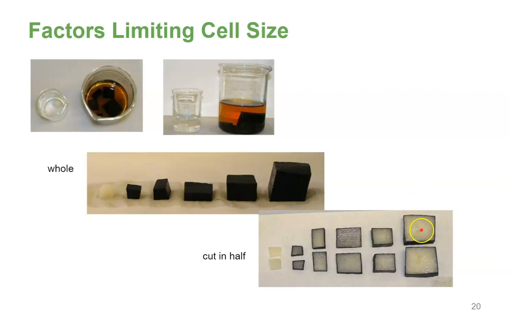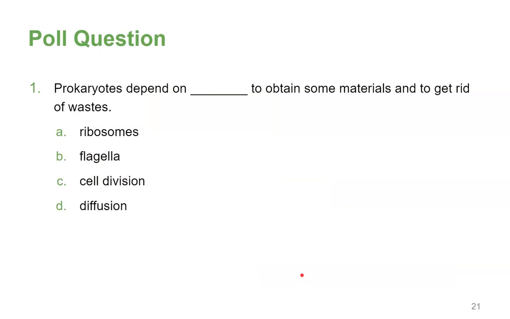So you can see that substances aren't able to enter the cell, the potato cube, at an adequate rate, right? The smaller the cell is, or the smaller the potato is, the substance can enter fairly quickly. So smaller the better.